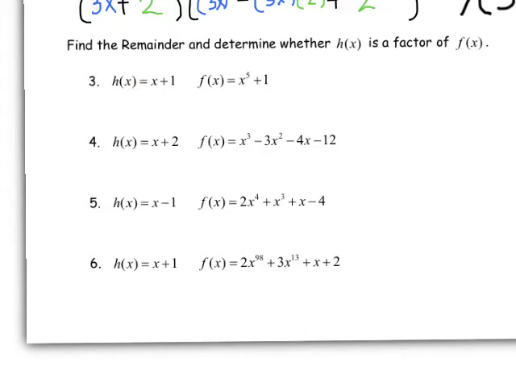Remember that we have to set the divisor equal to 0, so we're going to use -1 here. So for my f of x function, instead of x, I'm plugging in what x equals, which is -1. So that's coming from right here.